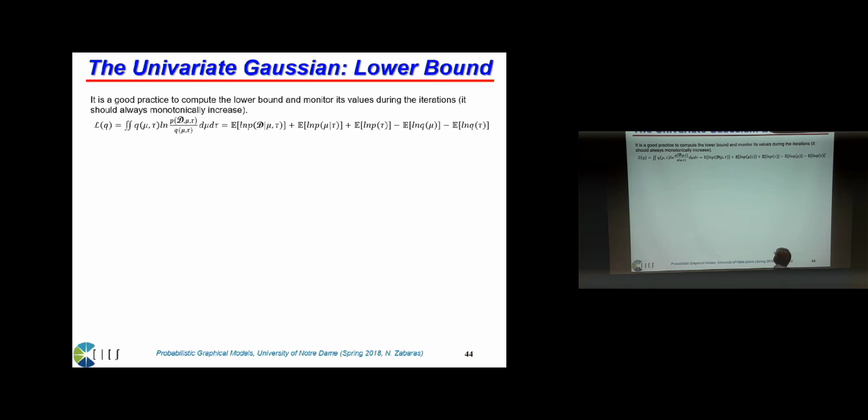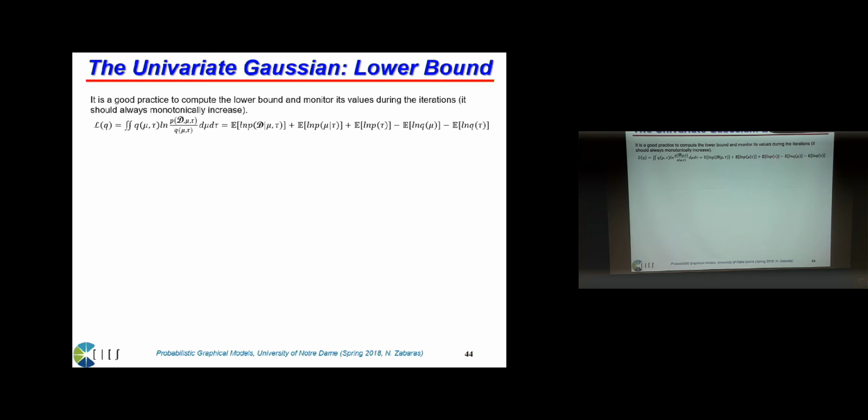That's the lower bound. So if you expand this, I'm going to remove this Q and substitute it with the expectation of the arguments. This is the expectation of this log with respect to this variational distribution Q, so that's what E refers to here. So I have the expectation of the log of the numerator, which I can write as the log of the likelihood given the parameters, and then the log of the prior of mu given tau and the log of the prior of tau.